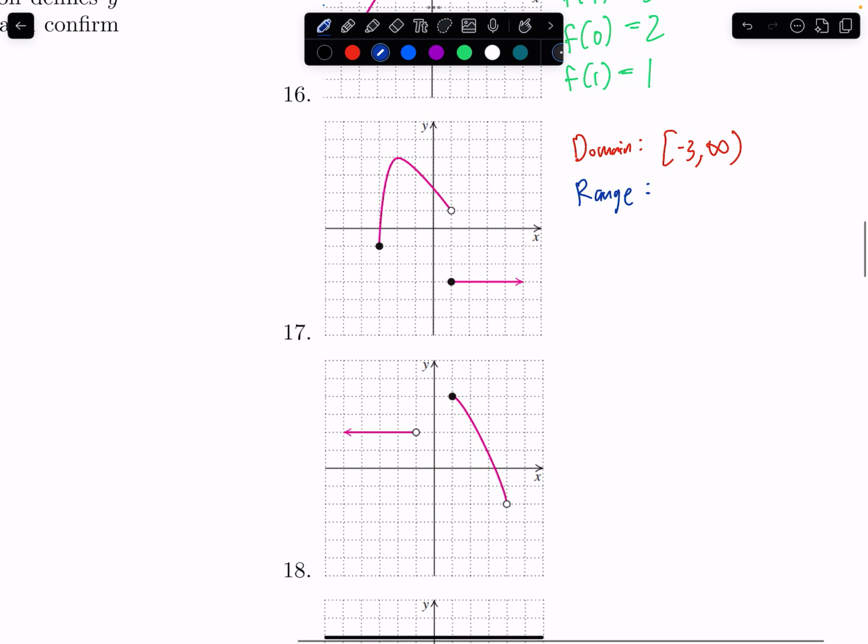Range is the possible y values, or up and down values, right? So the lowest one looks like it's -3 here. But looking at it, there's a gap after that, right? So I have -3, including only that one value, -3 to -3.